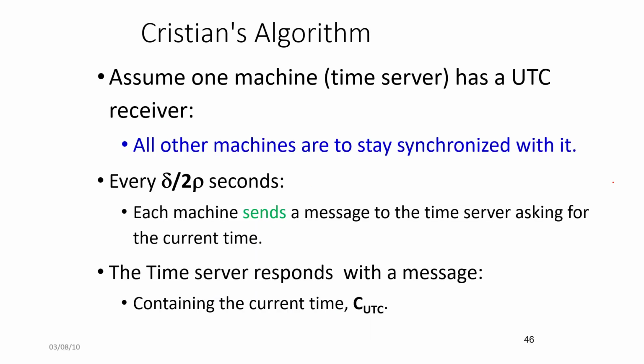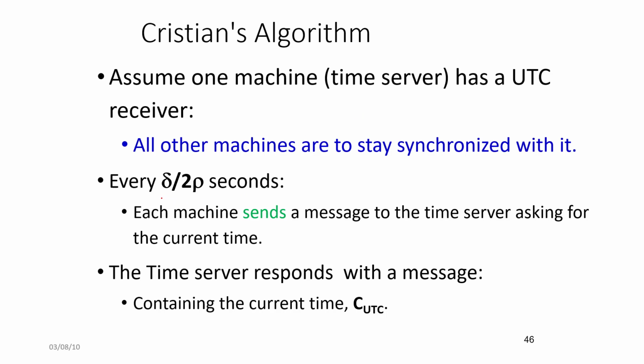So now I'll discuss a distributed algorithm which doesn't rely on a centralized idea, but the idea is between a client and a server. So it could be between two slaves as well. But this specific example is in the case where there is one machine, a time server, that has a UTC receiver. All other machines are trying to synchronize with it. Okay.